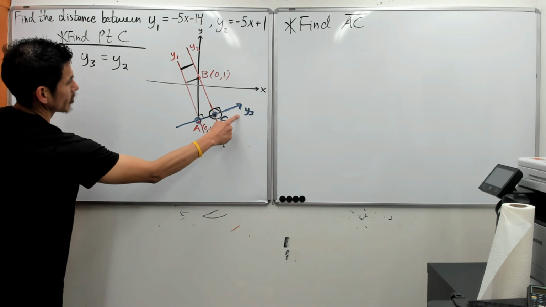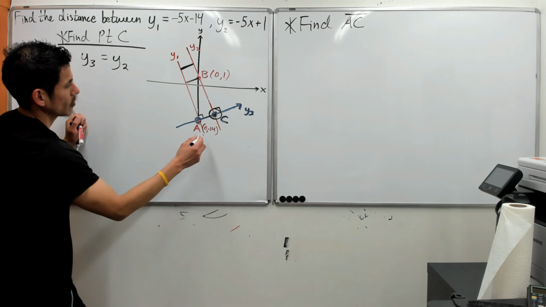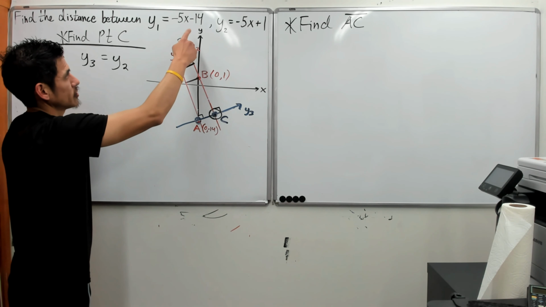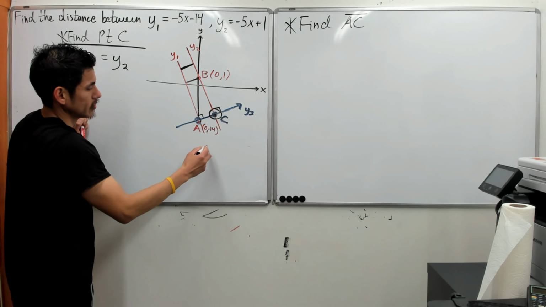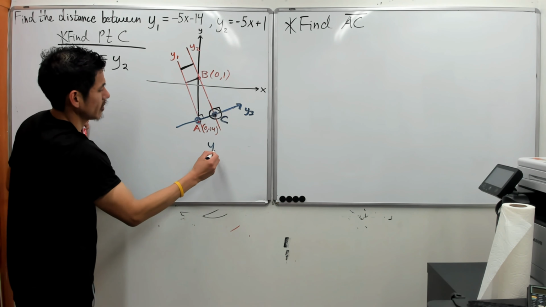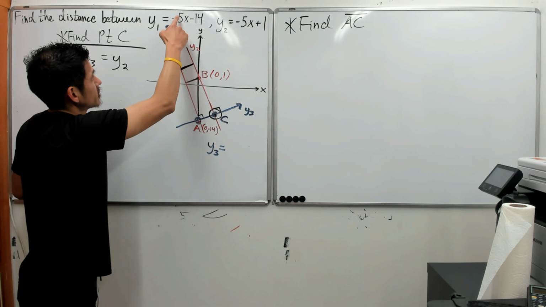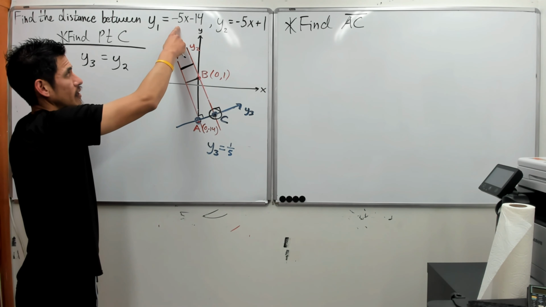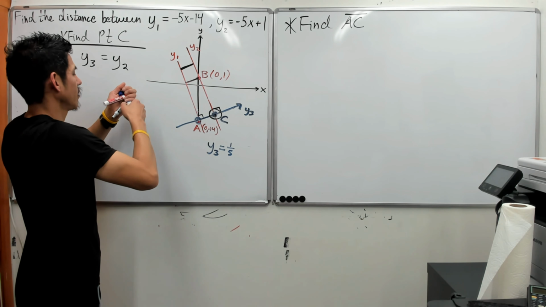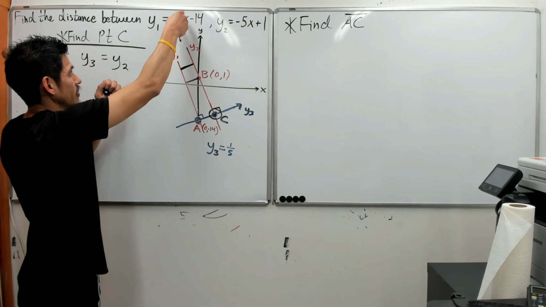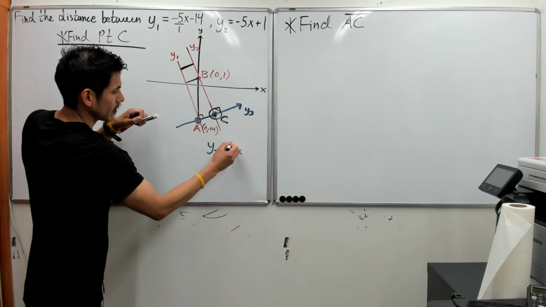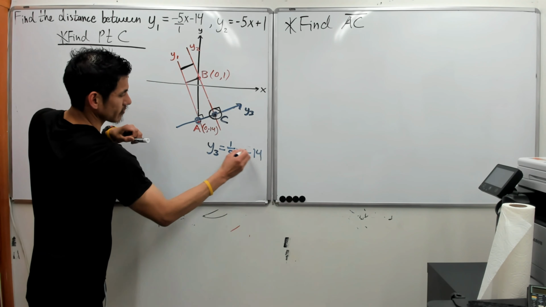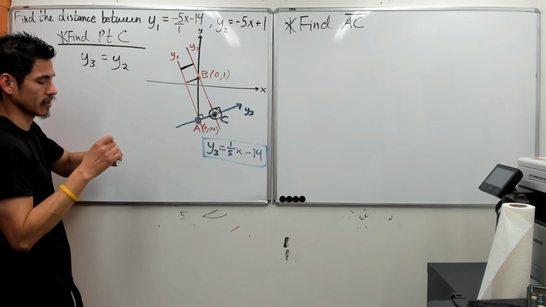The equation for Y3 would have to have a slope that's the opposite reciprocal of Y1 and Y2 because it's a perpendicular line. So Y3 would have a slope of positive 1/5, because -5 is the same as -5/1. Flip it, change the sign. And since it goes through the point 0, -14, the y-intercept is just -14. So we're good there.